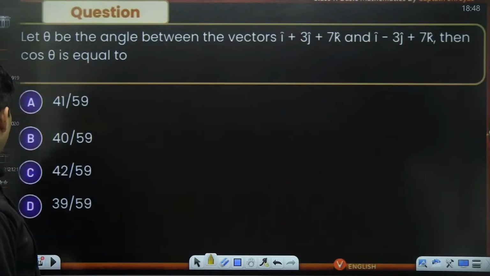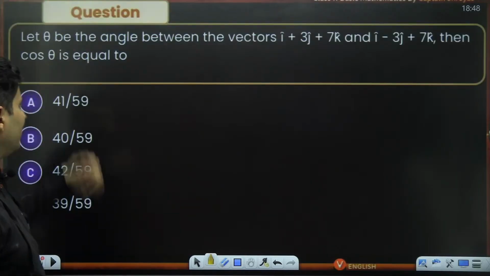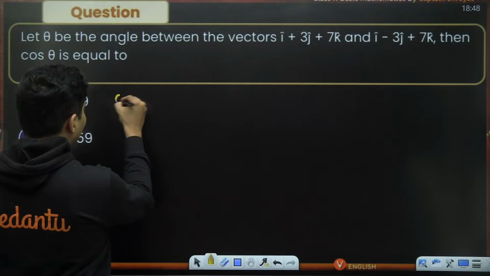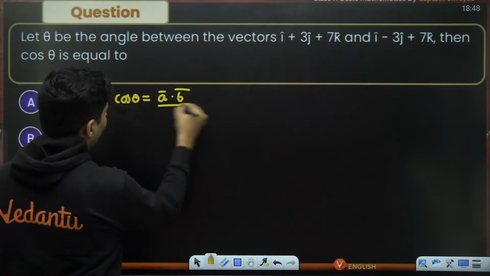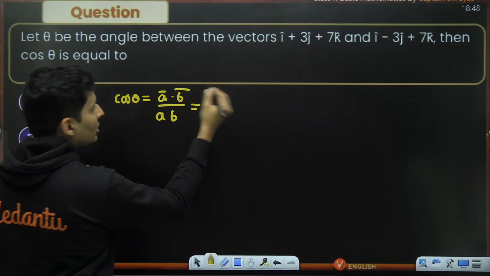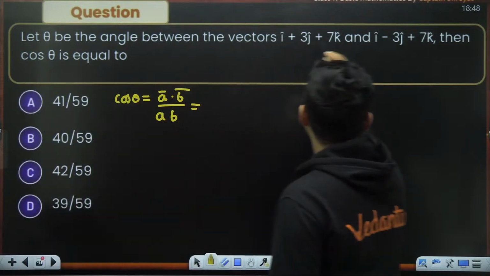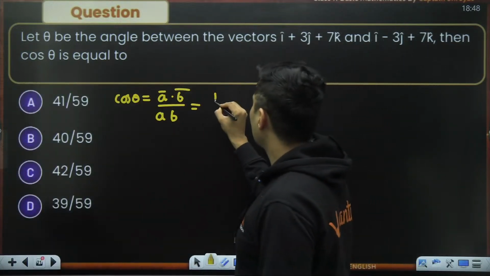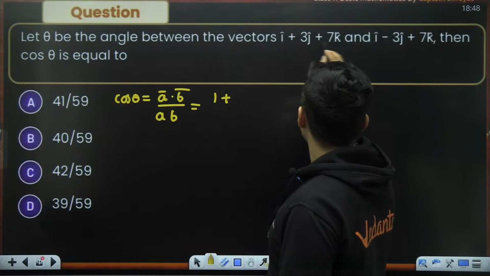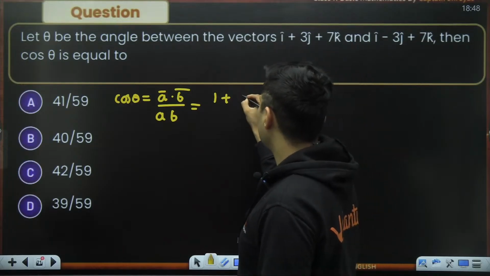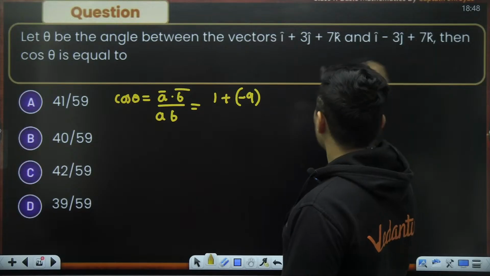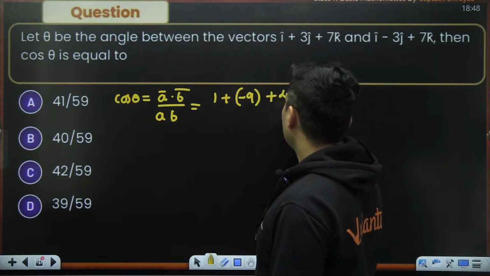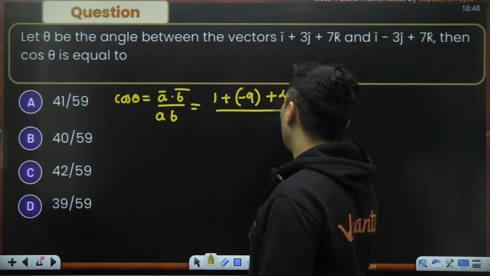Let theta be the angle between the two vectors, then cos theta is equal to how much? Cos theta is A dot B by A into B. So A dot B means 1 into 1, which is 1, plus 3 into minus 3, which is minus 9, plus 7 into 7, which is nothing but 49, upon the magnitudes.